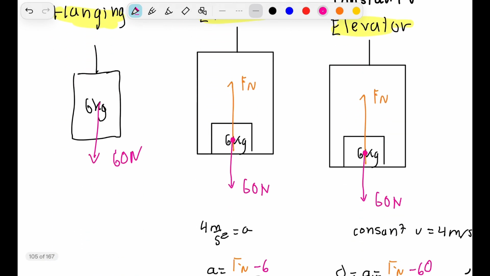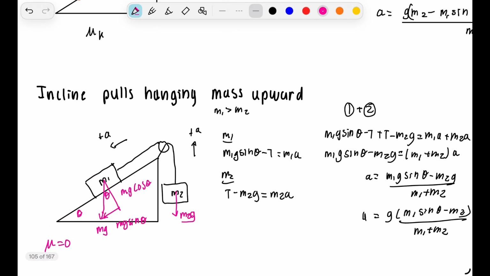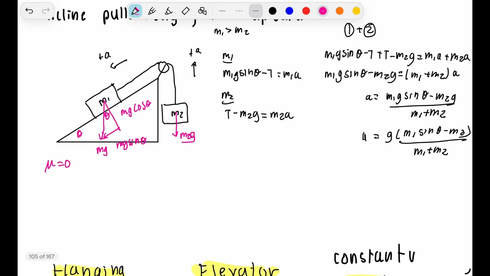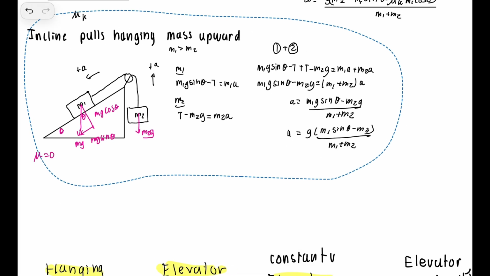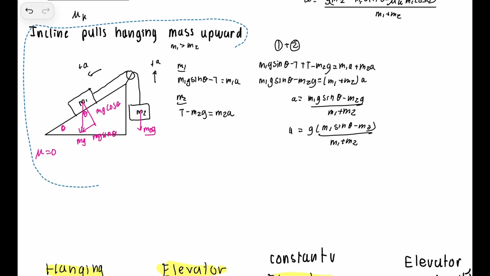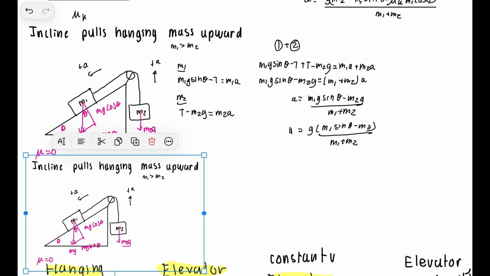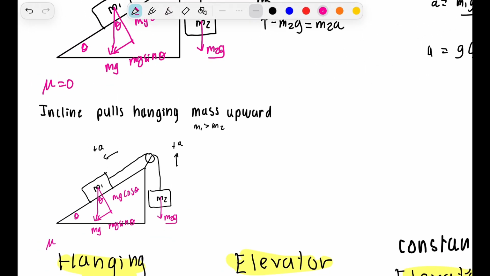Now let's talk about if we had an incline block that is sliding down and a mass being pulled up. This is going to be the case where we actually have friction, so friction does not equal 0. In this case, we're still going to have M1 greater than M2, because M2 is going to be going upward.